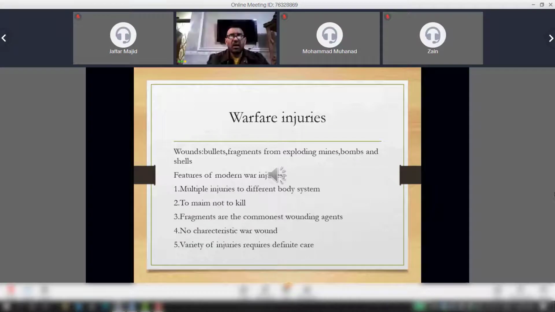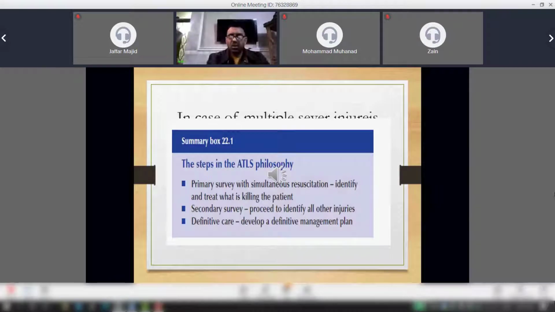These are the warfare injuries, and the warfare injuries ممكن يكون as a bullet, yes, أو as a shells or as a bomb or missile.